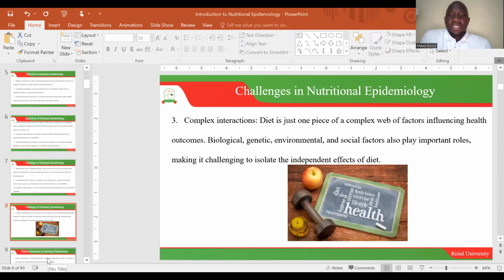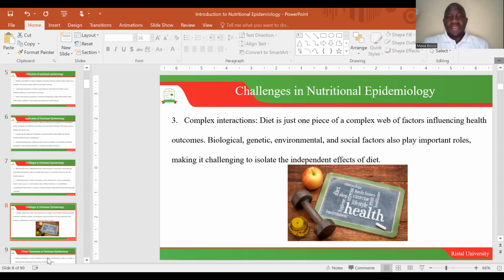So the next slide is about the fact that for a given disease to happen, for example, for a person to get, let us say, hypertension, there could be several factors that are actually interacting. So you cannot basically say it is because of only taking foods with high salt content. It could be a genetic factor.